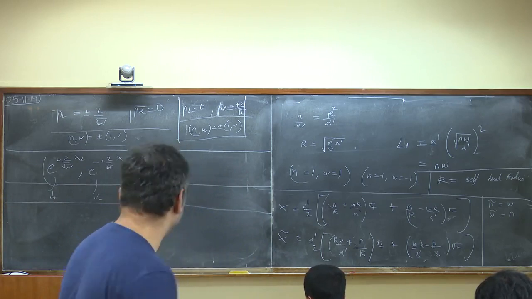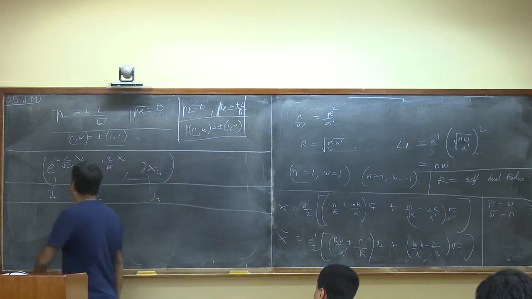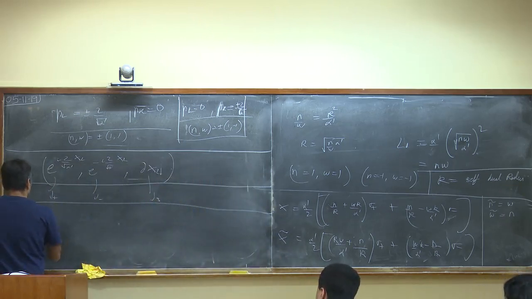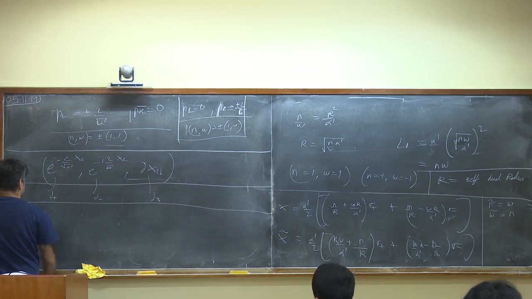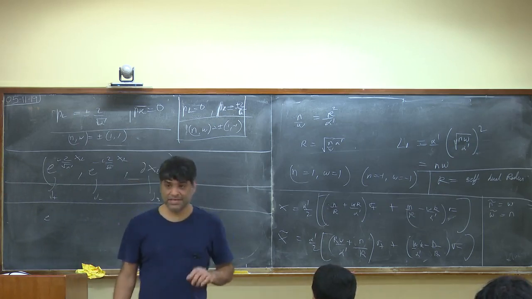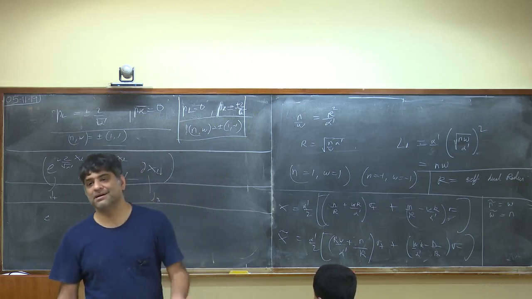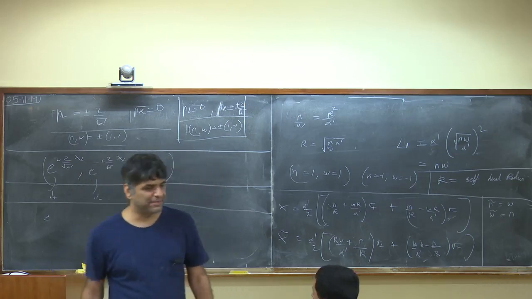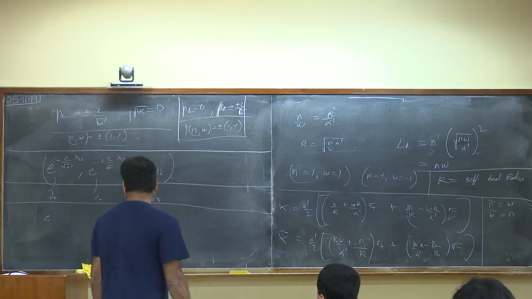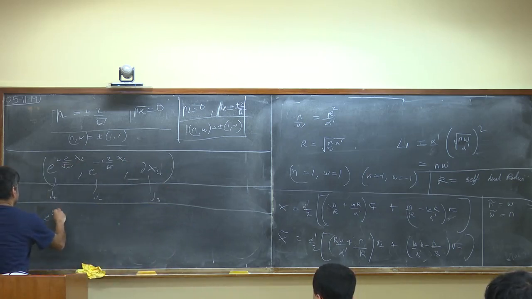It's just the same old kind of thing that we've done always. So let's first compute what we get when we take e to the power... So what are we interested in? We're interested in the current algebra. So we're interested in the coefficient of terms that are 1 by z squared, the coefficient of terms that are 1 by z, and anything else we can forget about. Okay, so let's first do the easy ones. Let's do e to the power I 2 by square root of alpha prime XL with itself.